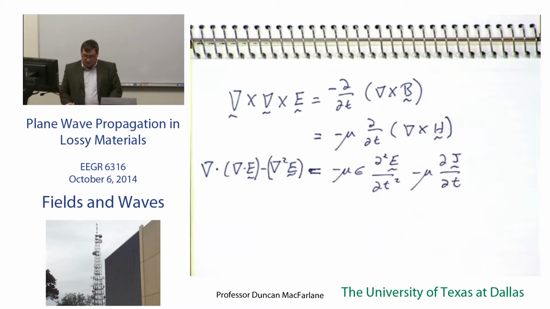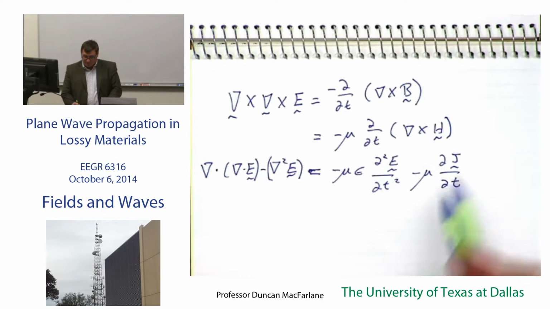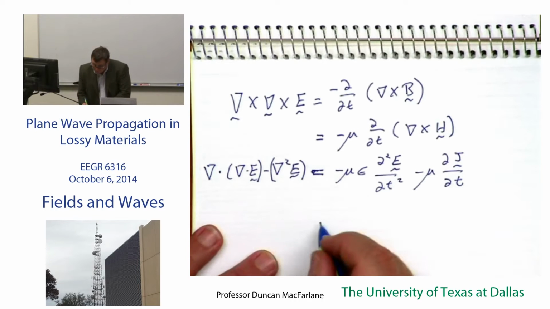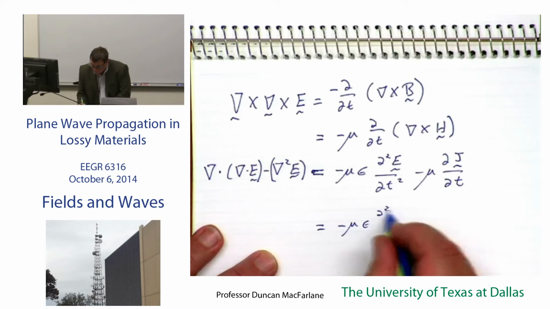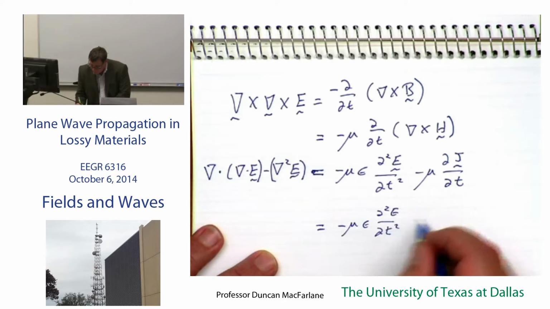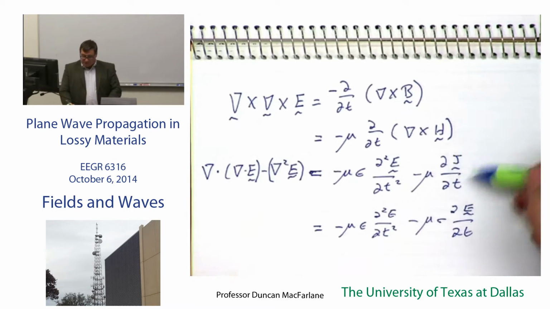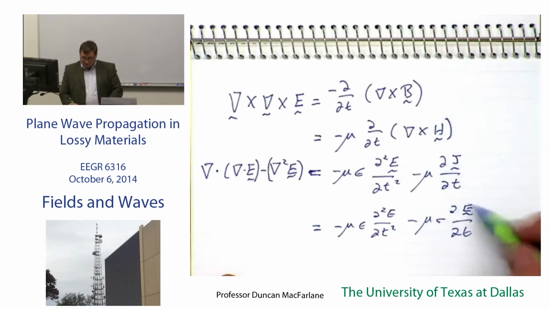Substituting in for the curl of H gives me a second derivative with respect to time of my electric field, and it also gives me this J term here. I'm going to use the constitutive relationship, sigma E, to turn this term into a first derivative with respect to the electric field.